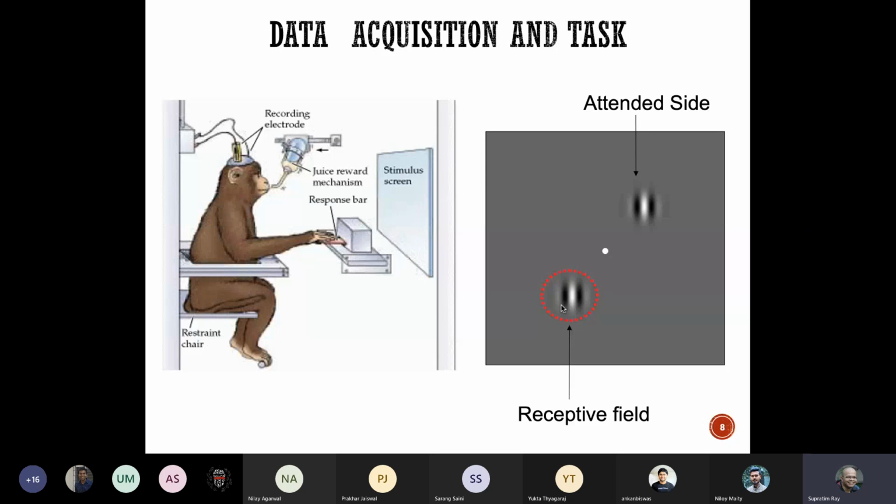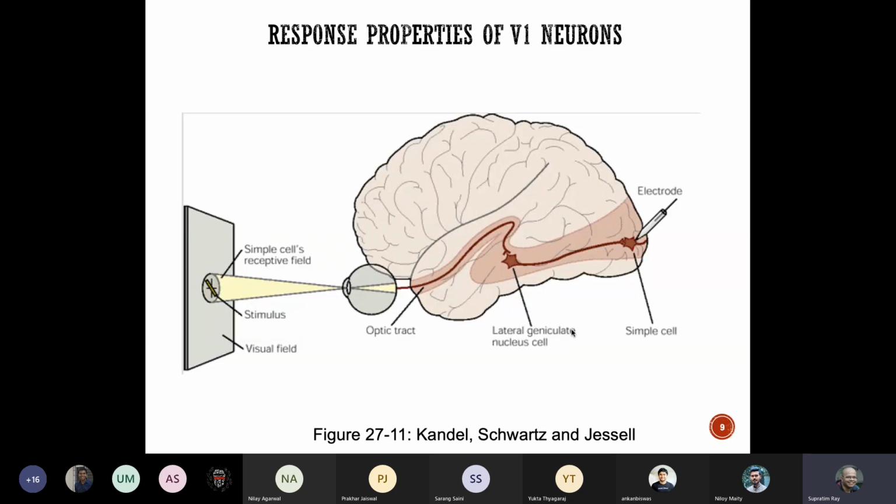And it's quite amazing that these millions of neurons that are in the visual cortex stitch together this information to create the world that we see. Okay, so each neuron is actually seeing a very small part of it. So a typical experiment is like this.